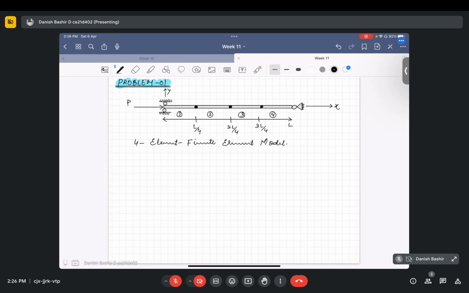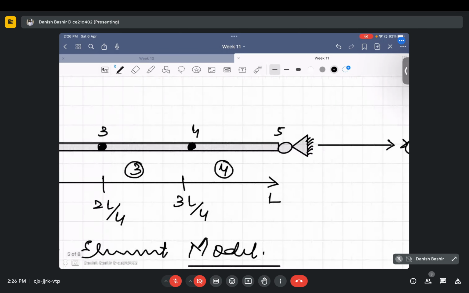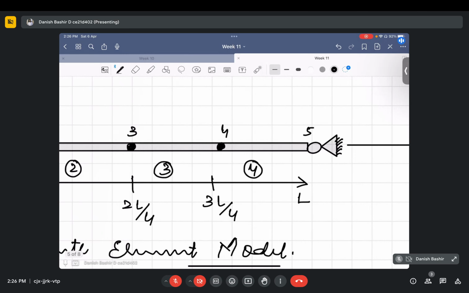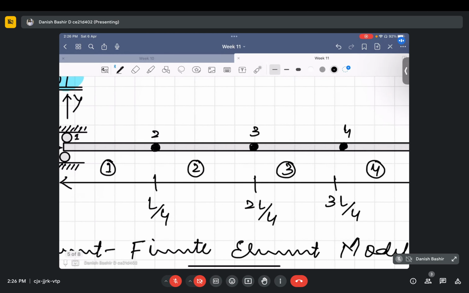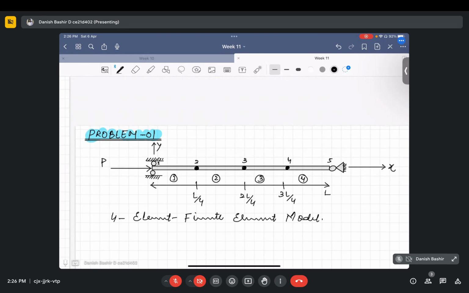So this will be node 1, node 2, node 3, node 4, and node 5. I hope this is clear to you guys.